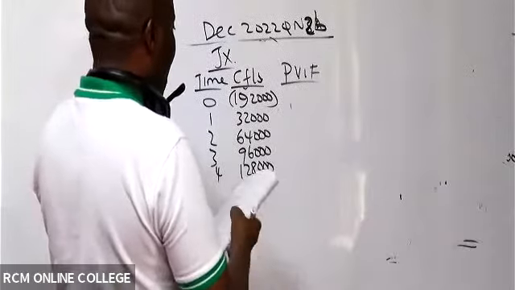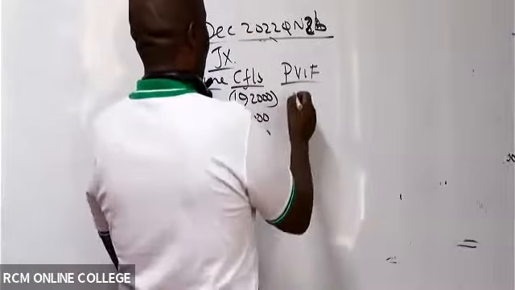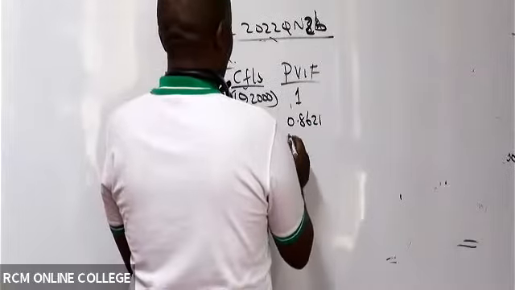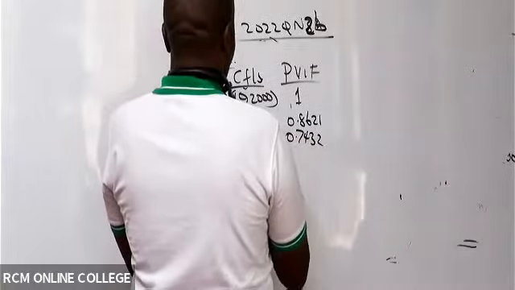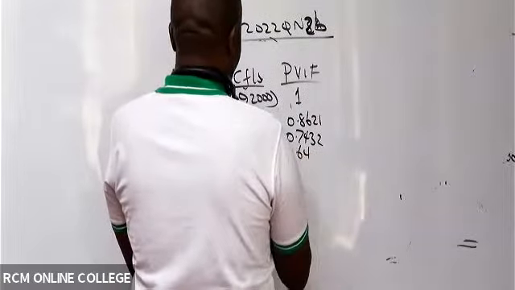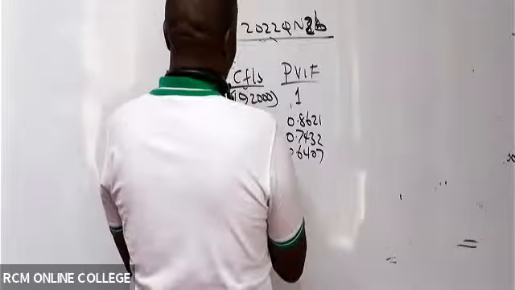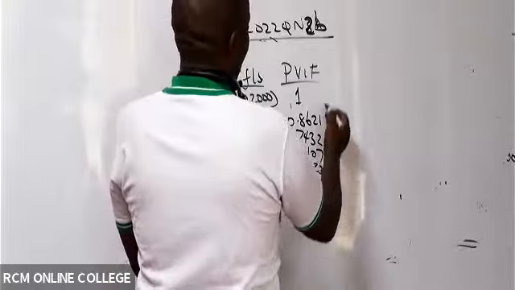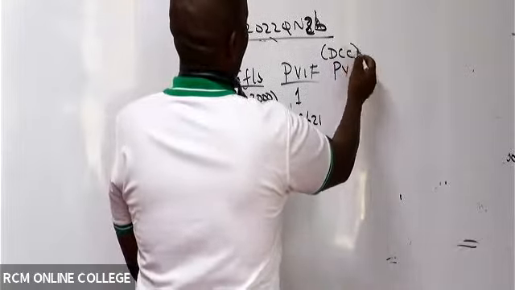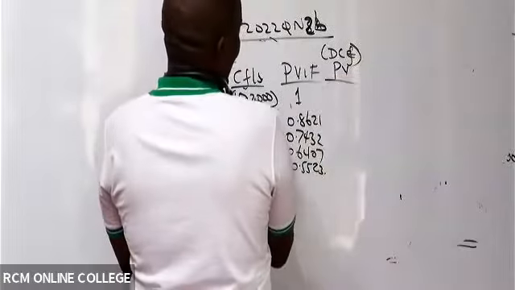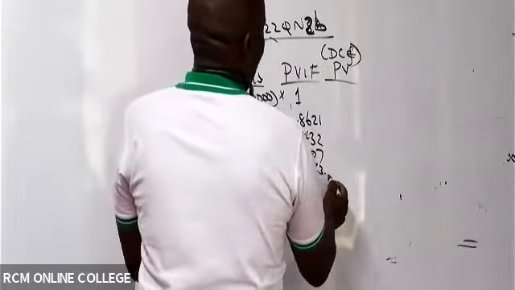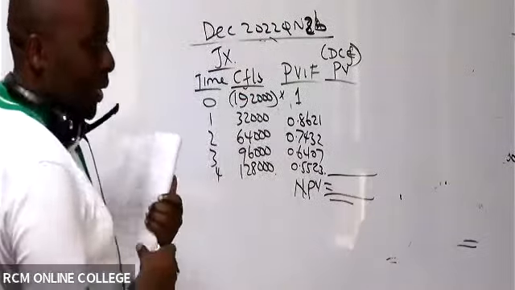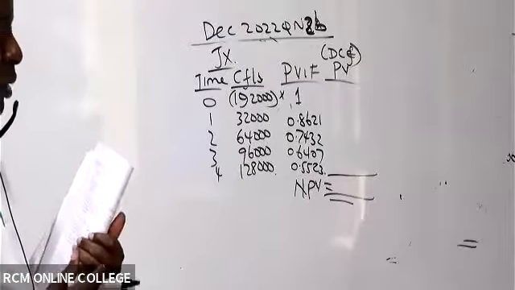We copy them the way they are, not forgetting that the PV factor for time 0 is always 1. Please do the multiplications, and I will be interested in the net present value. Add everything.